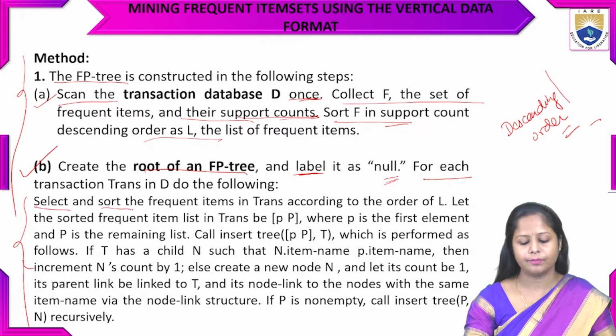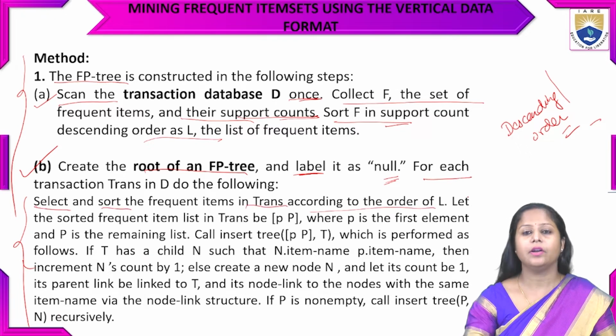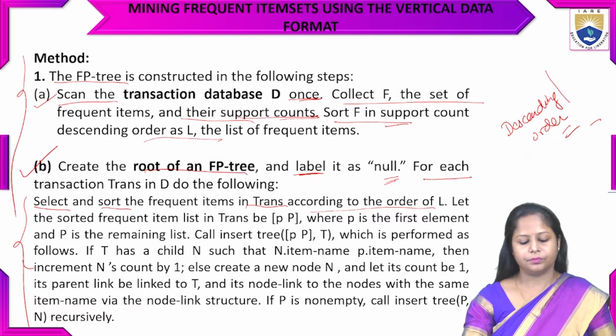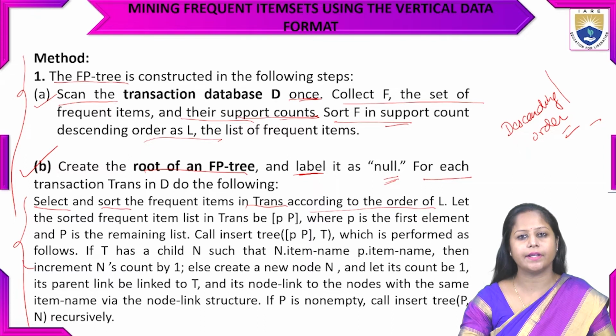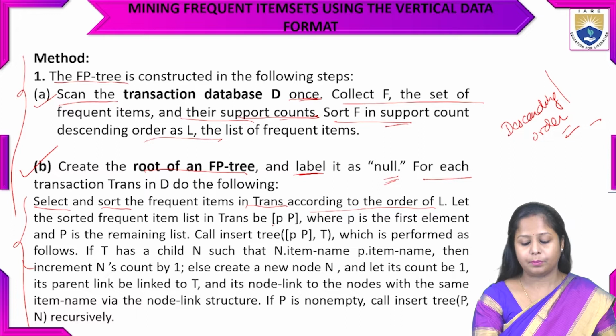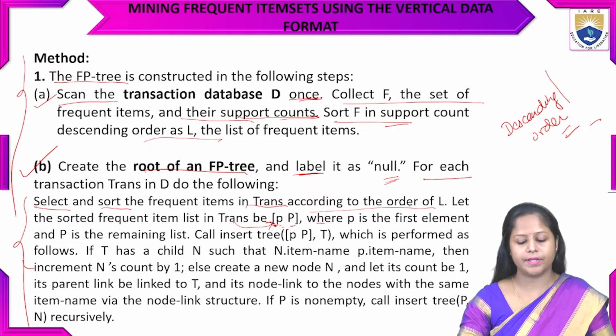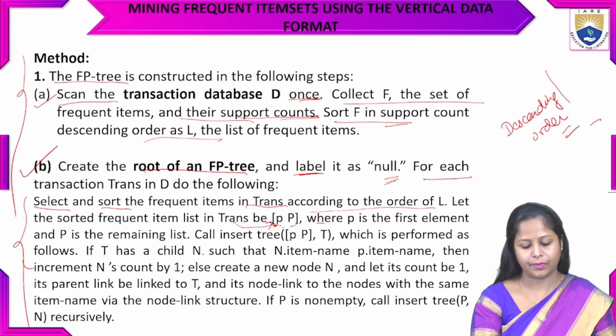For each transaction Trans in D, it will select and sort the frequent items in Trans according to the order of L. Let the sorted frequent item list in Trans be [p | P], where p is the first element and P is the remaining list.